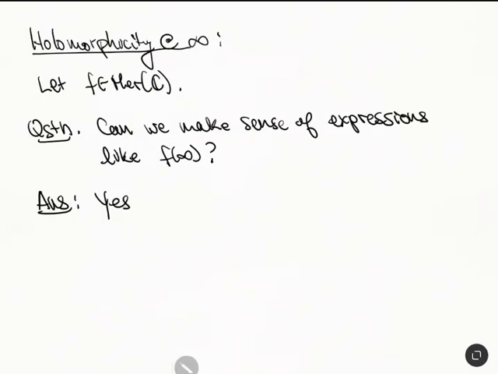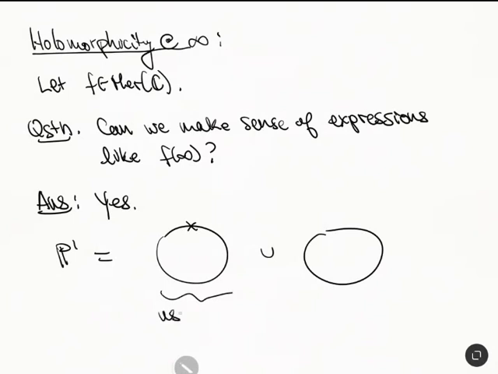So we have P1, and this is the union of two charts. This is the usual copy of C with coordinate z.